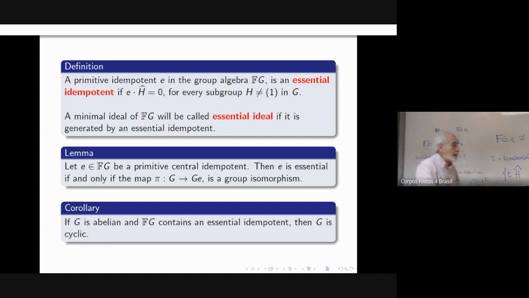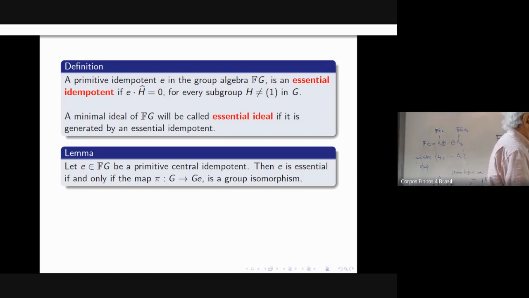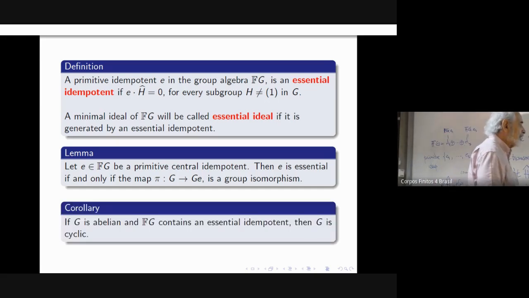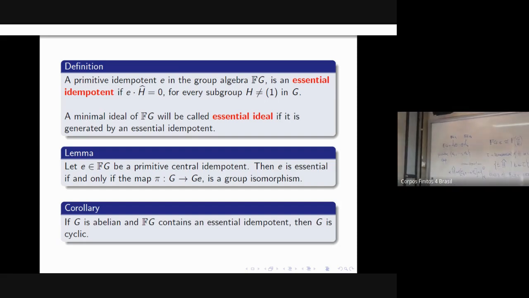So this map is just a projection into the components. This is a trivial remark, but it's very important.